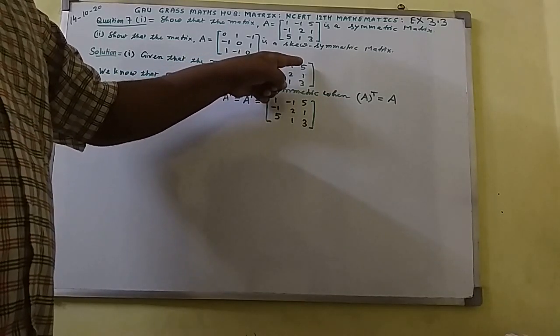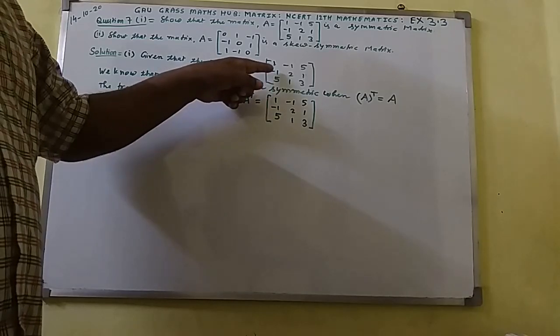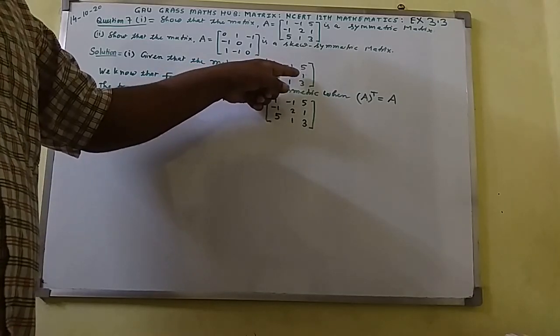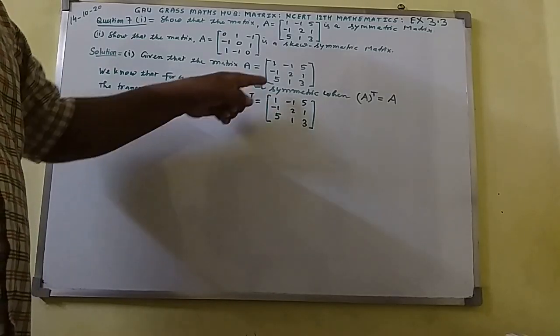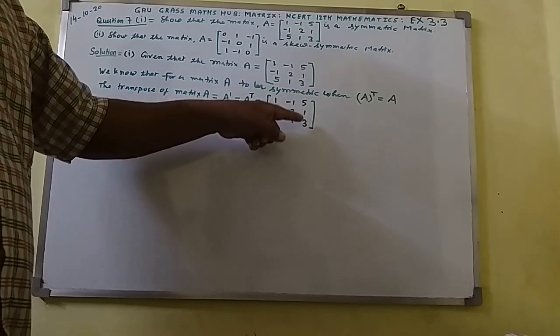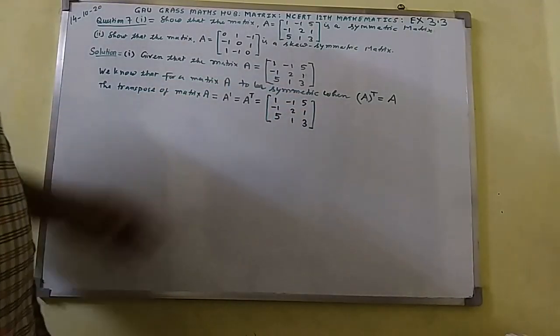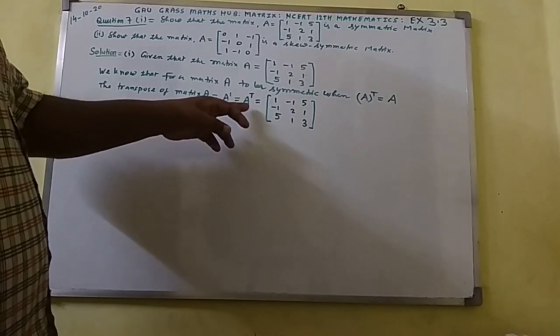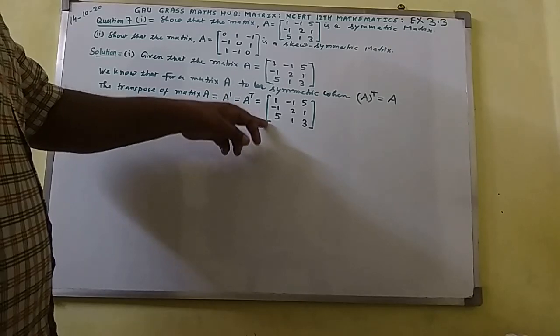This first row has been converted into first column, this second row into second column, and this third row into third column. Now compare this one. Here you can see the transpose of the matrix A is equal to this matrix as per this theorem.